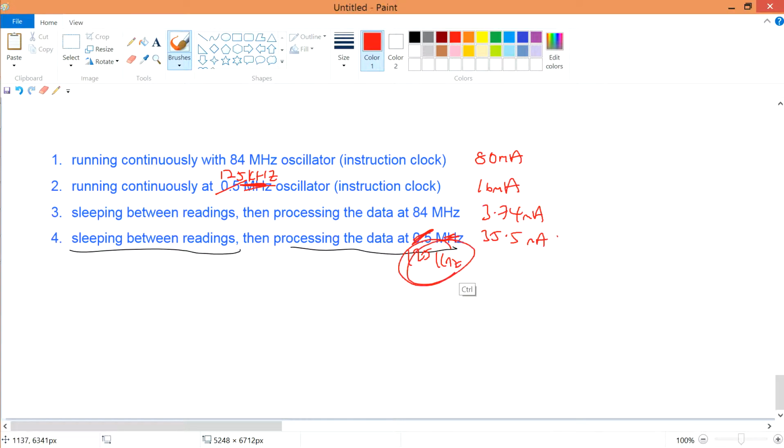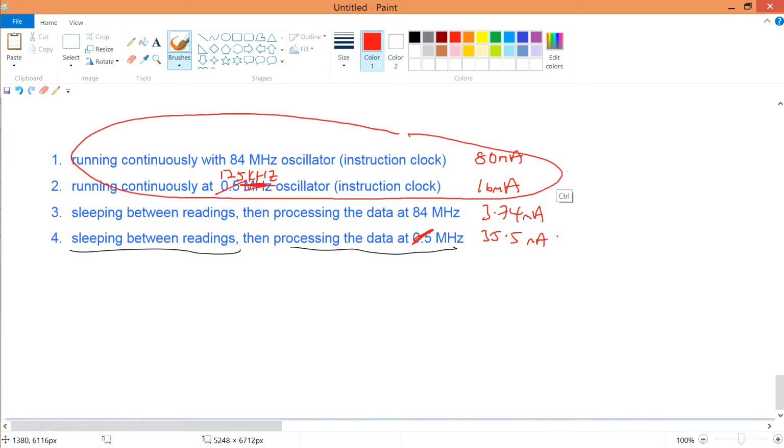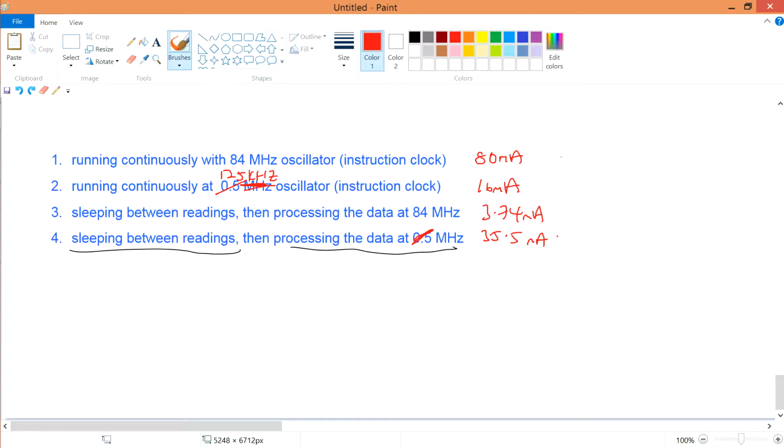So the lower your frequency, the higher your ampere. It's a little bit different from the scenario when you're continuously running it. When you're continuously running it, the lower frequency, the lower current.